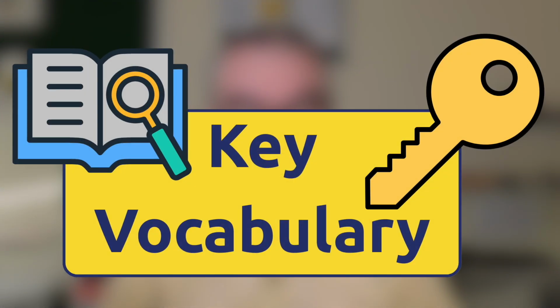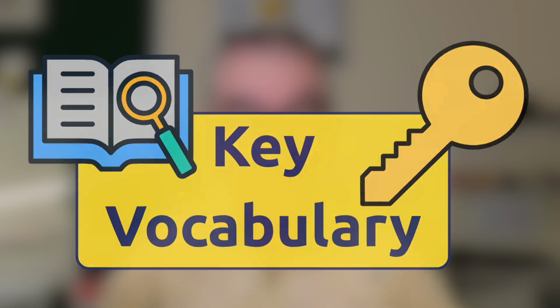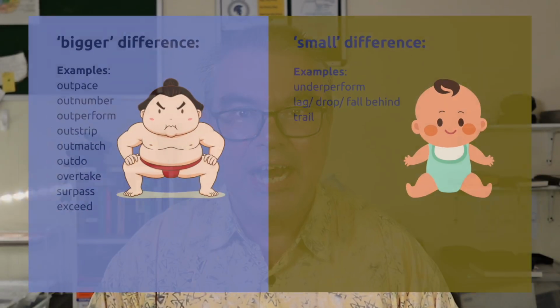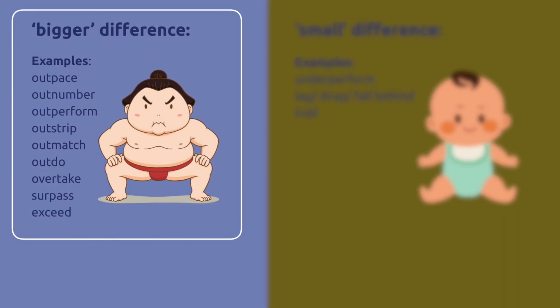The first thing then is to look at the key vocabulary you can use. So here are the verbs you can use that mean bigger than. We have outpace, outnumber, outperform, outstrip, outmatch, and outdo.